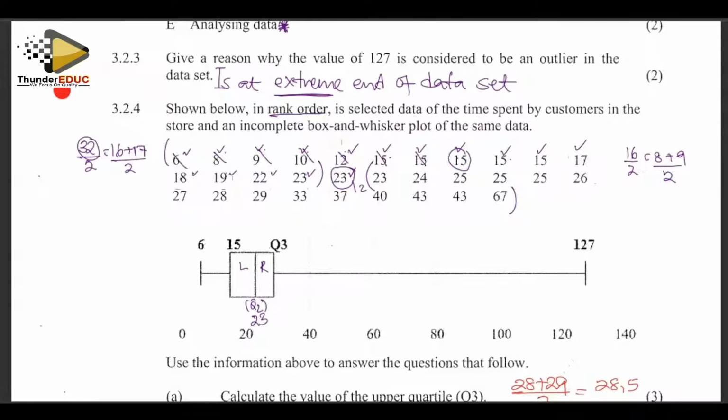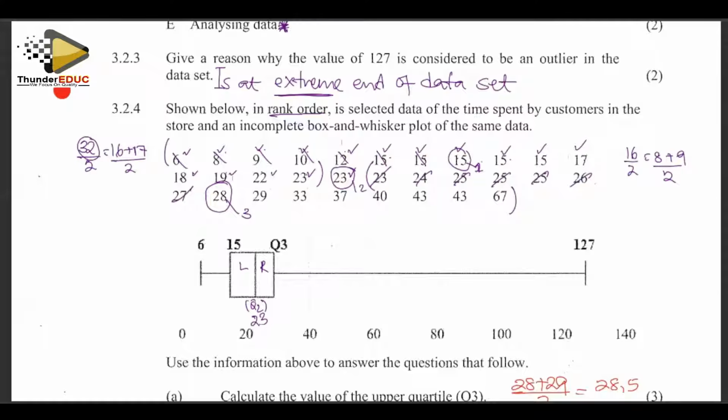So our Q1 is 15. Now let's look for the Q3. Still we shall count also 8 numbers: 1, 2, 3, 4, 5, 6, 7, 8. This has become our Q3.